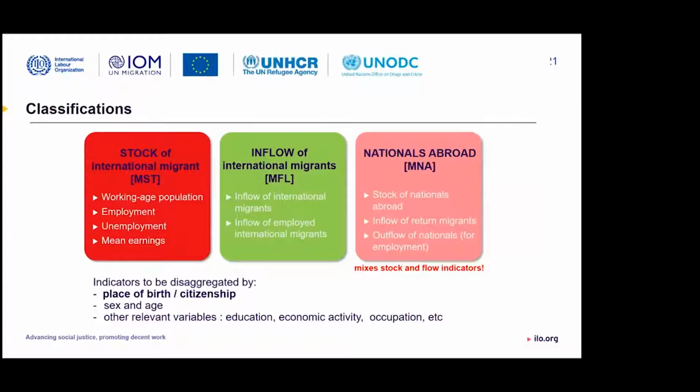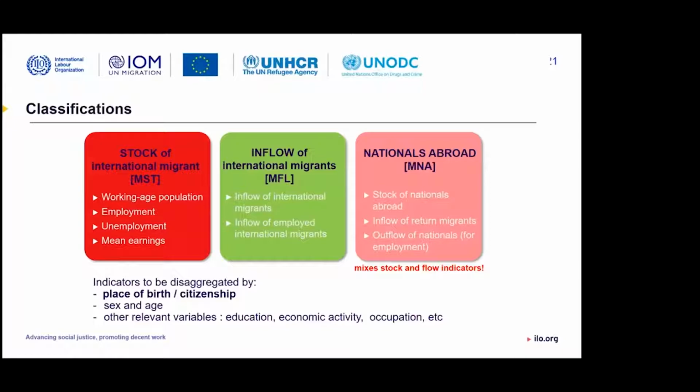Okay, so note that this database compiles data on the three topics that you see here. So we've got the stock of international migrants, inflow of international migrants, and data on nationals abroad. For the stock of international migrant workers, this is the number of international migrant workers that are present in the country of measurement at a given time.